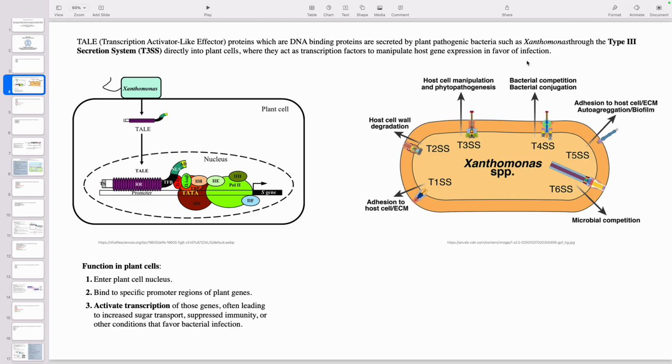This TAL protein is a bacterial protein which helps to infect its plant host.